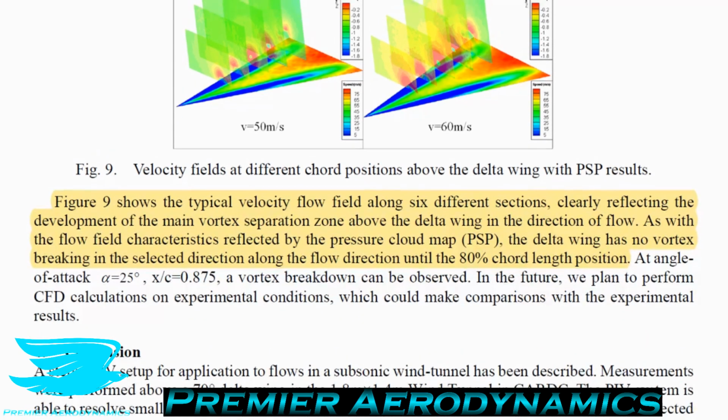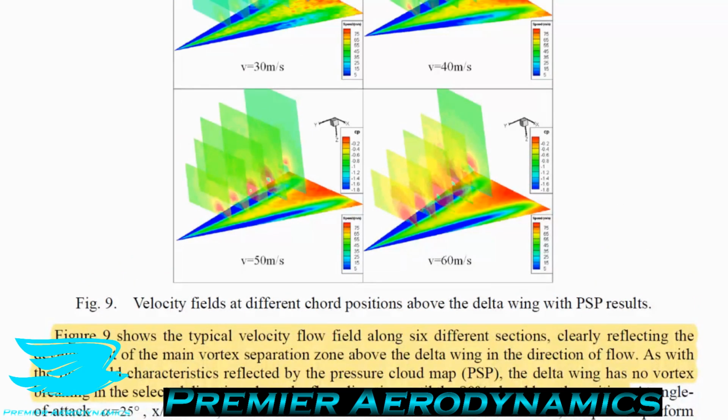So they said that this figure here, figure 9, as we were mentioning with the pressure-sensitive paint and these PIV systems, shows the typical velocity flow field along 6 different sections. And it clearly reflected the development of the main vortex separation zone above the delta wing in the direction of the flow. As with the flow field characteristics reflected by the pressure cloud map, the PSP, pressure-sensitive paint, the delta wing has no vortex breakdown along the flow direction until the 80% chord length position.